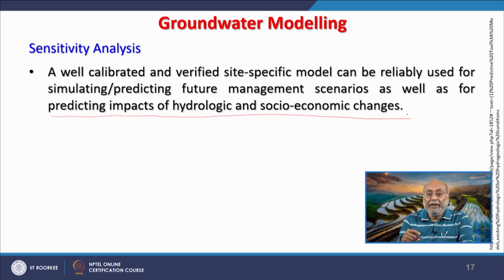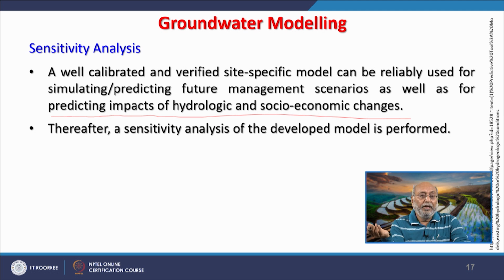If a site comes up for hazardous waste, sewer waste or any kind of industrial waste, then we can predict what is going to happen, and the impacts of whatever hydrologic and socio-economic changes are taking place can be predicted. And therefore, a sensitivity analysis of the developed model is performed.